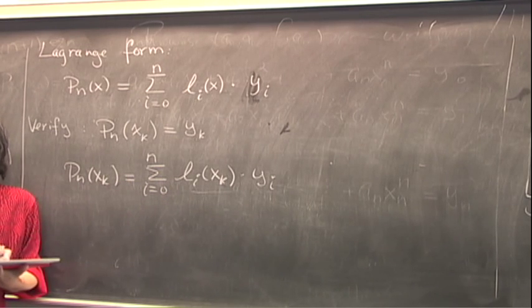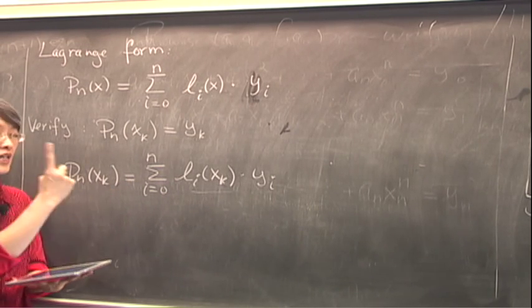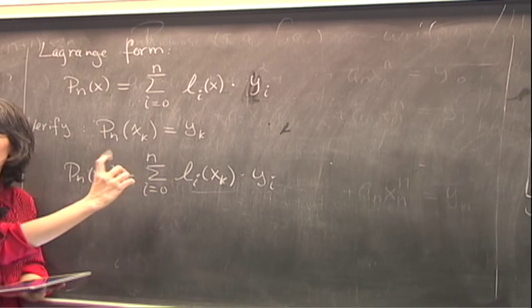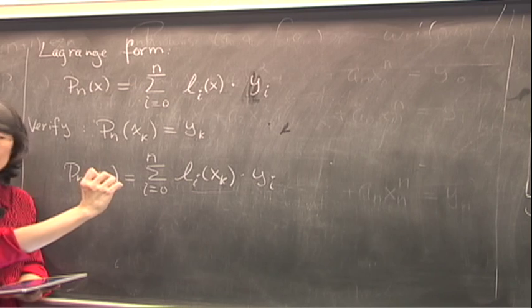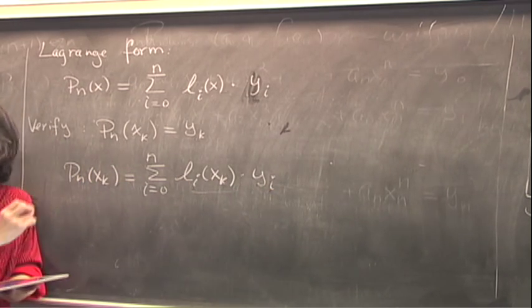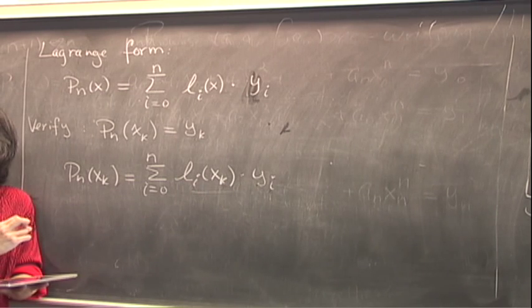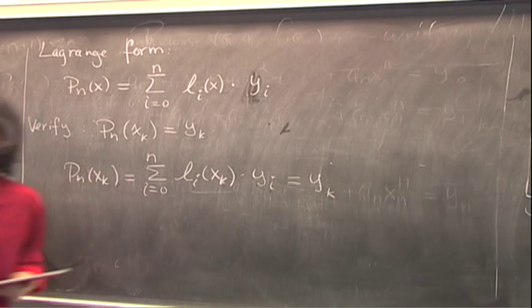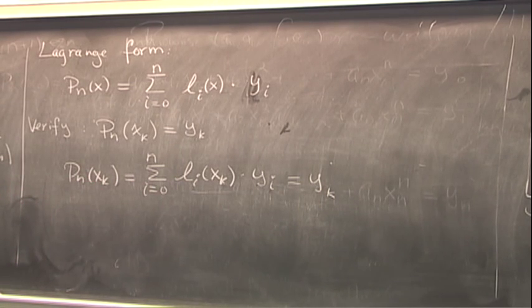Is that right? It's all 0 except one term when i exactly matches k. It's 1, right? And then i matches k, so it's yk. Do we see? Is everyone with me? That's all. So it interpolates the data. Very nice, right?